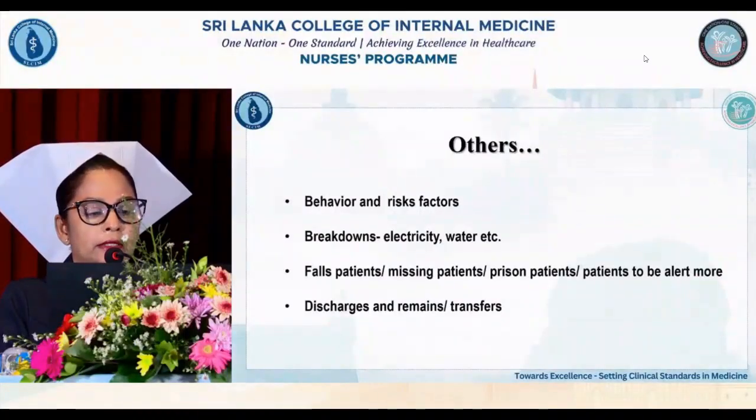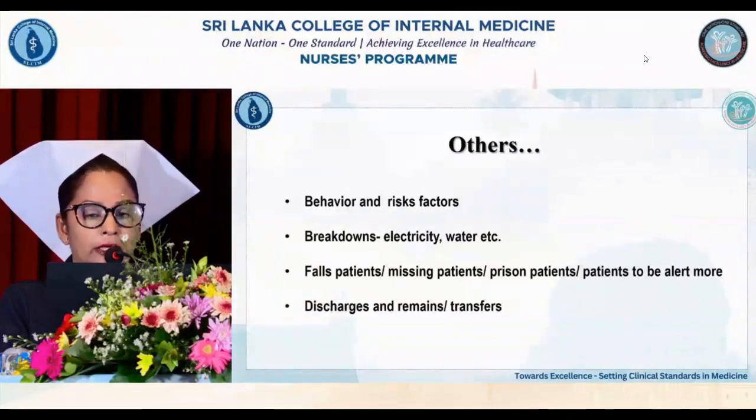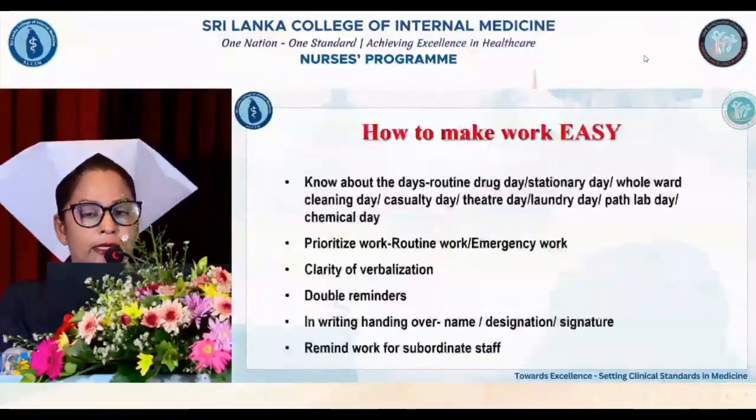Others: behaviors and risk factors for the patients, breakdowns such as electricity or water. There are fall patients, missing patients, prison patients, patients to be more alert about, discharges and remains, transfers. All these things you have to hand over and take over during the shift.